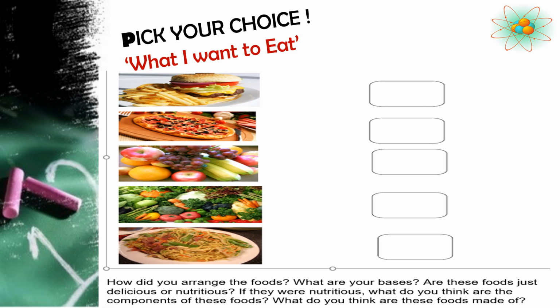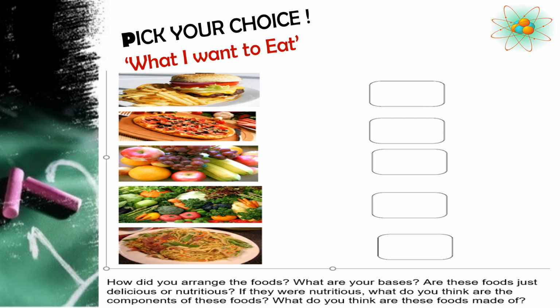If you are going to pick your choice, what do you want to eat? You have to choose in this picture which one you pick first. As soon as you have picked, how did you arrange the food?